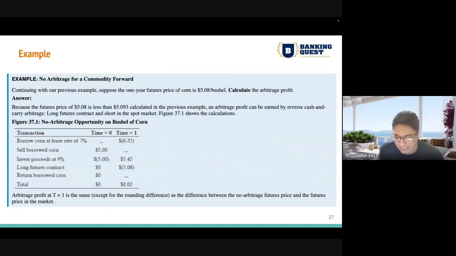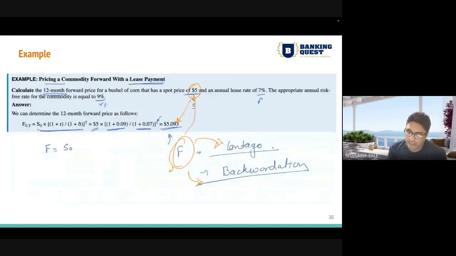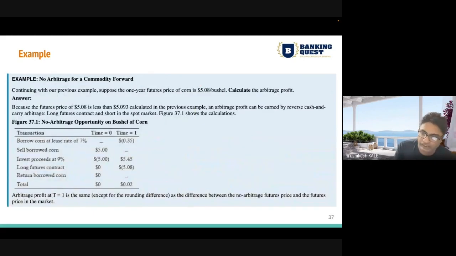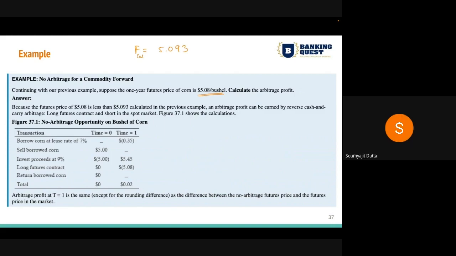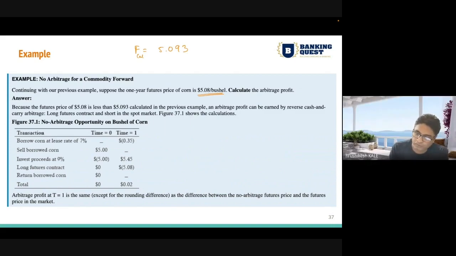Now, again, arbitrage. The future price F calculated is 5.093, which we have calculated. And here it is 5.08. Is there an arbitrage opportunity available? Yes, available. So what should you do?